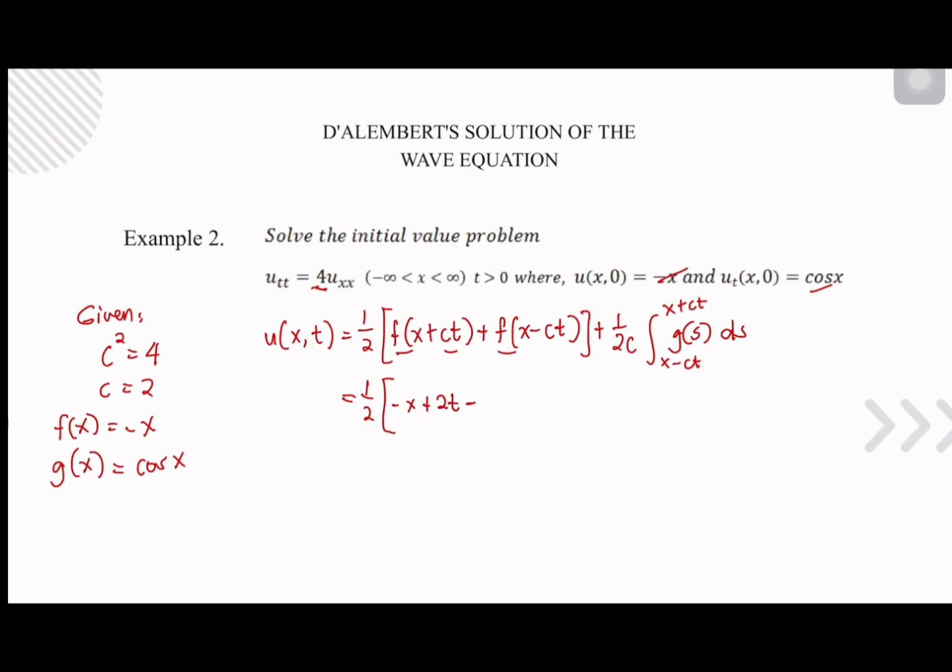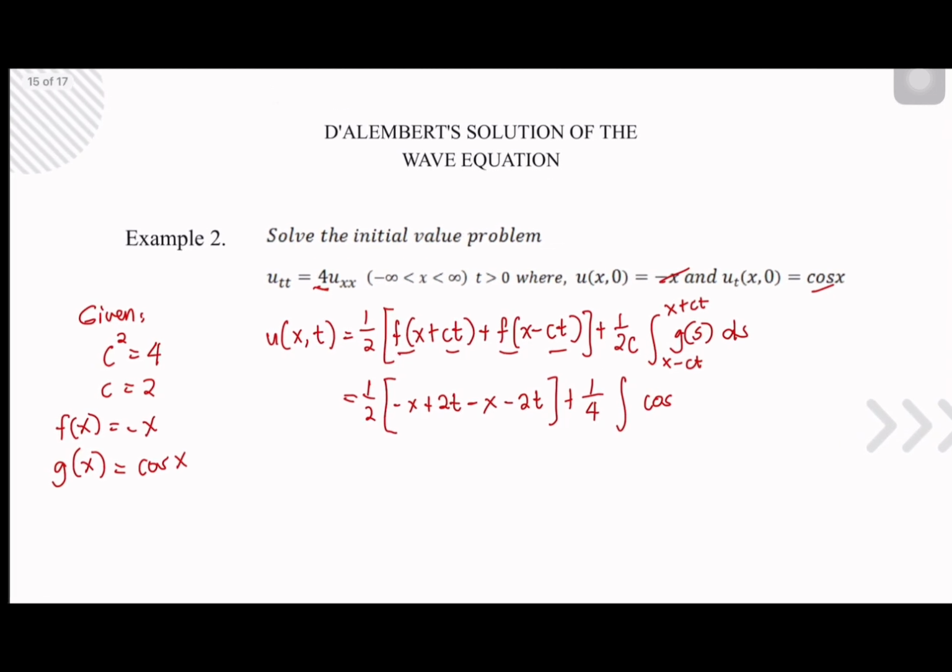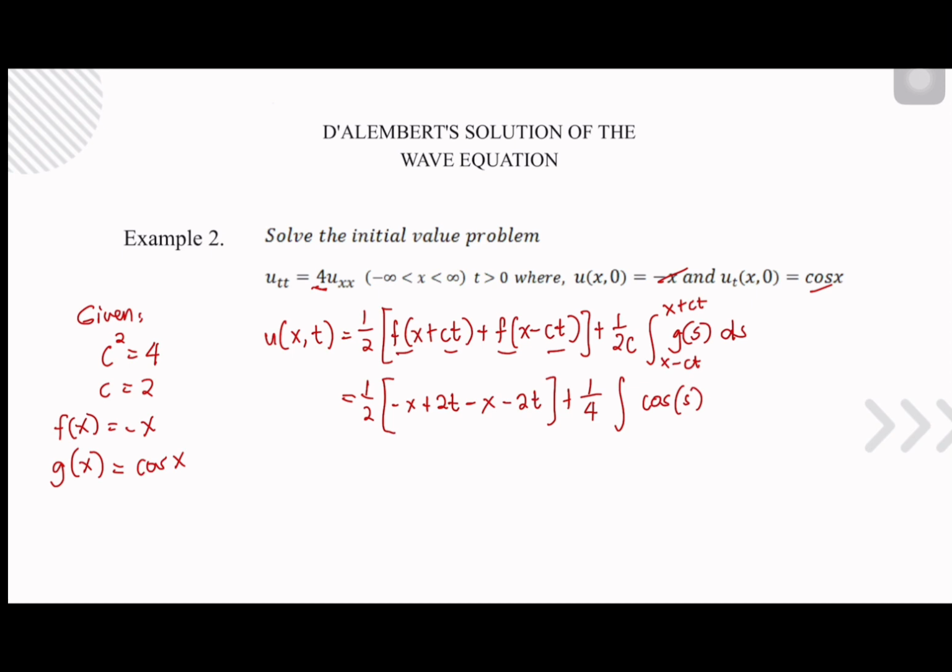Substitute again the f of x, which is negative x, minus 2t, plus 1 over 4, since c is 2, times the integral of cos s ds evaluated from x minus 2t to x plus 2t.